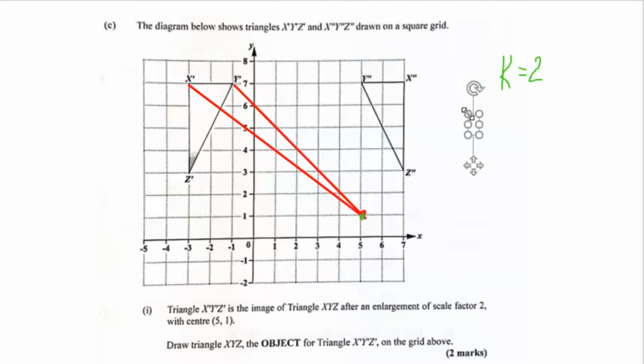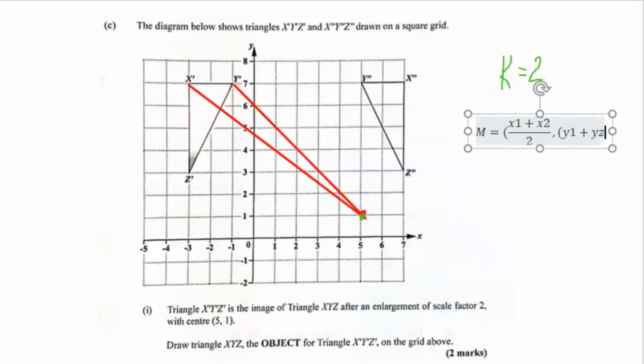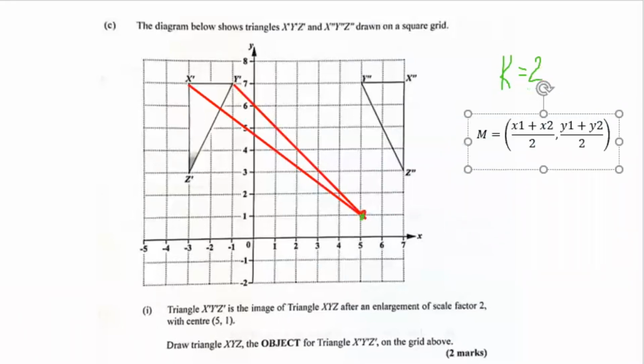So what we're looking at is the midpoint is equal to x1 plus x2, and that is divided by 2. So this is our formula to find our midpoint, and then y1 plus y2, and that is divided by 2. And that is our formula.